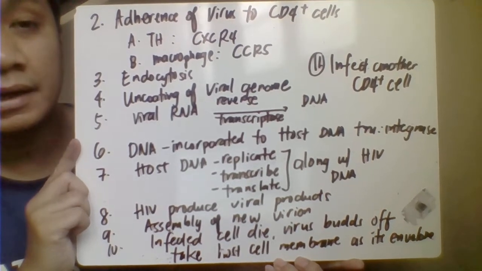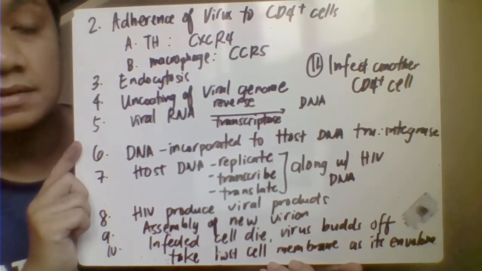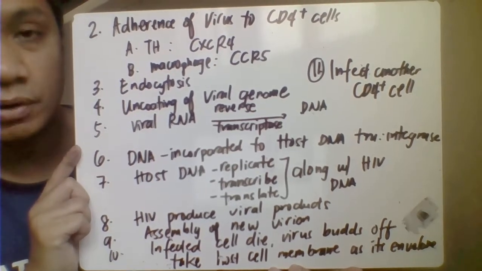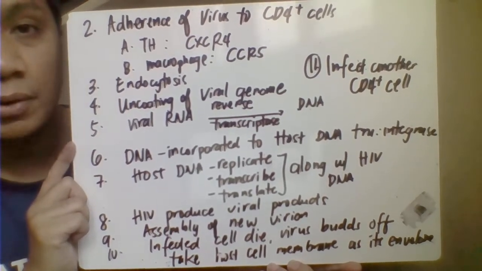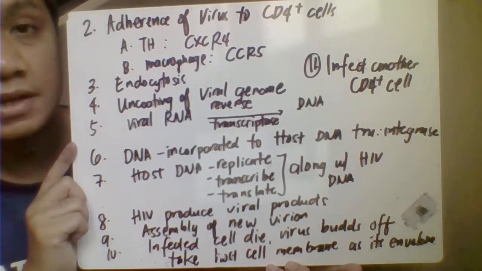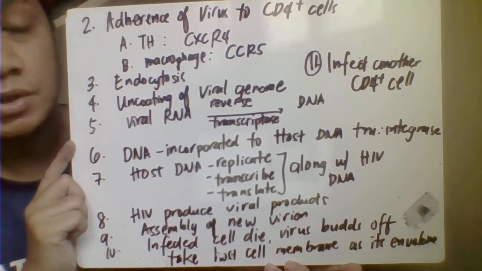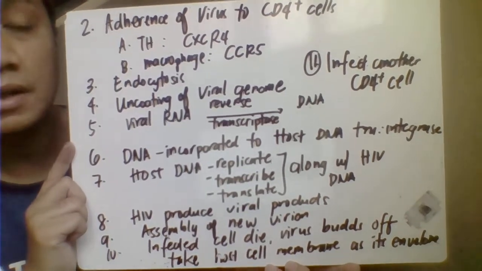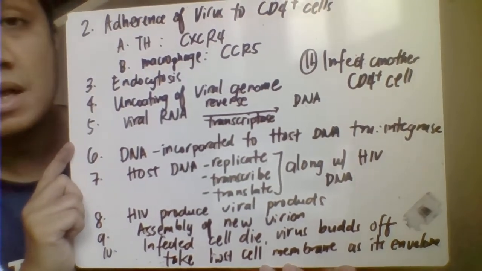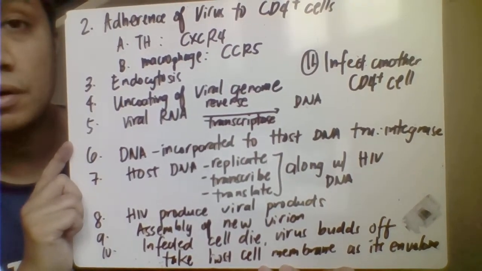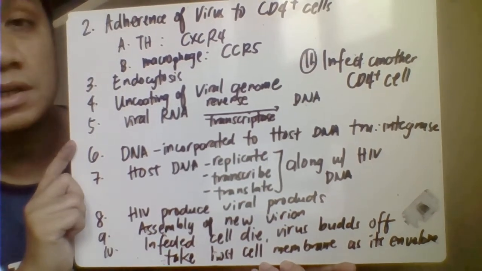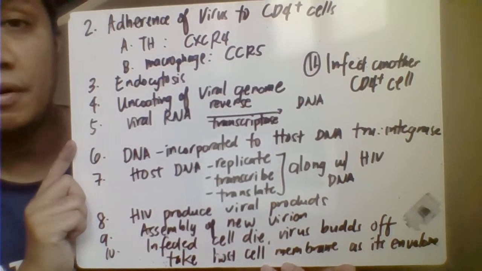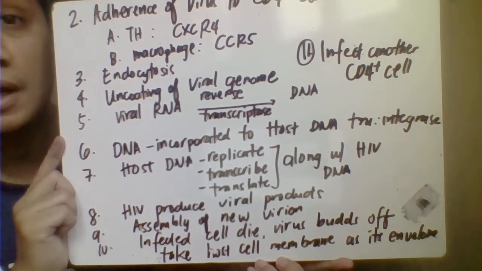So, pag inattach na niya ang kanyang DNA sa ating host DNA by the enzyme integrase, what's going to happen next is your host DNA would undergo replication, transcription, and translation. Since naka-integrate na ang viral RNA, na naging DNA na siya, as your host DNA undergoes those processes, replication, transcription, and translation, alongside that, your viral DNA also undergoes the process.